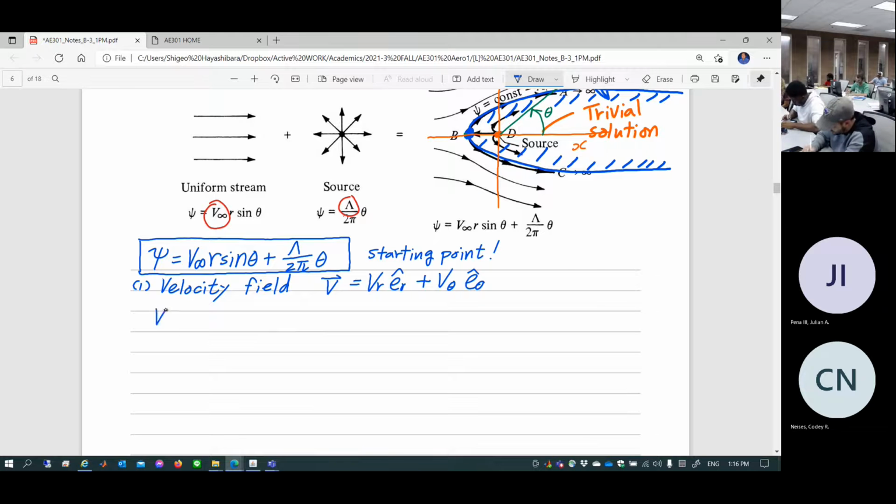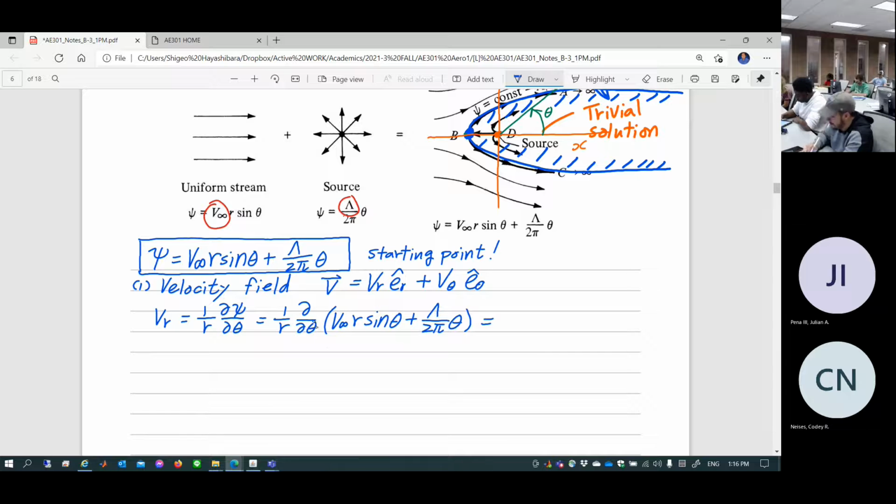Of course, V_r can be given in the polar coordinate system by 1 over r dpsi d theta. So you're going to do the partial derivative divided by r. So this is 1 over r d psi over d theta, where psi is V infinity r sine theta plus lambda over 2 pi theta. Can you do the partial derivative?